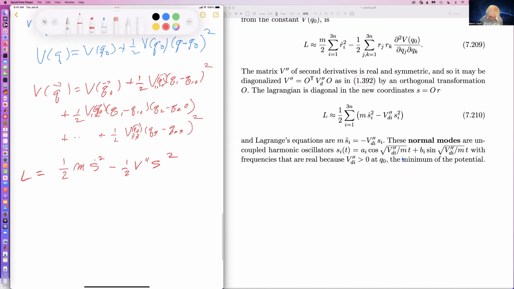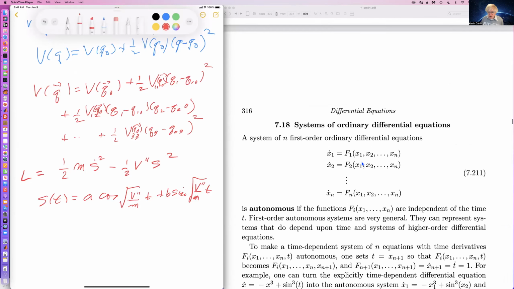If that's your Lagrangian, then the solutions are s of t is some a cosine of the square root of v double prime over m times t plus some b sine of the square root of v double prime over m times t. So this is what your solutions would be like.